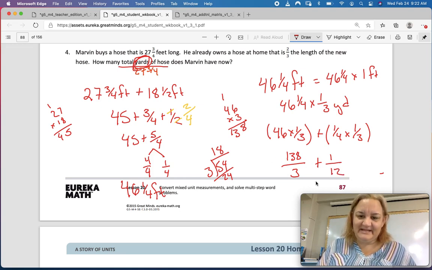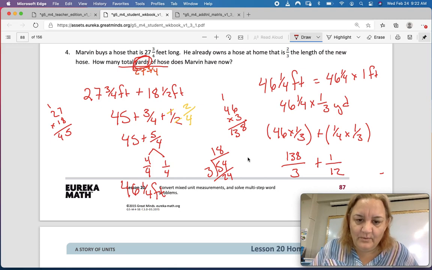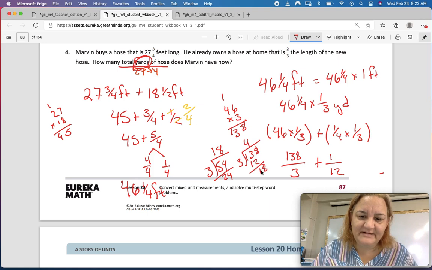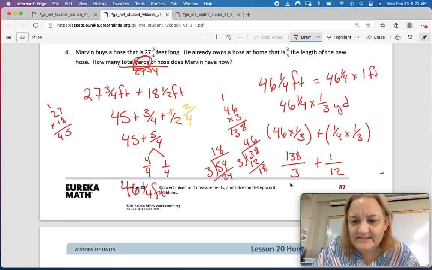Now, can I simplify this? Let's see if I can. 138 divided by 3 would be 46. So this is 46 and 1/12.